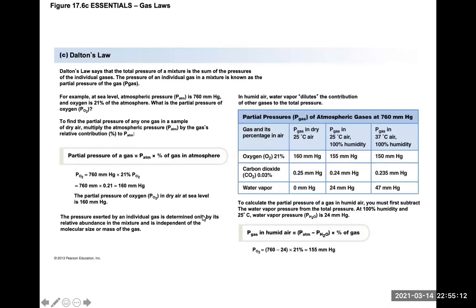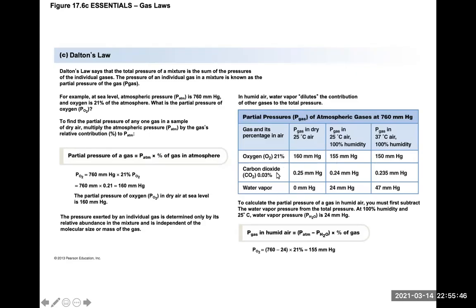Dalton's law says the atmosphere is a mixture of gases and water vapor. It states the total pressure exerted by a mixture of gases is the sum of the pressures exerted by the individual gases. The pressure of an individual gas in a mixture is the partial pressure of that gas. For example, atmospheric gases, you don't just have one type of gas in there.